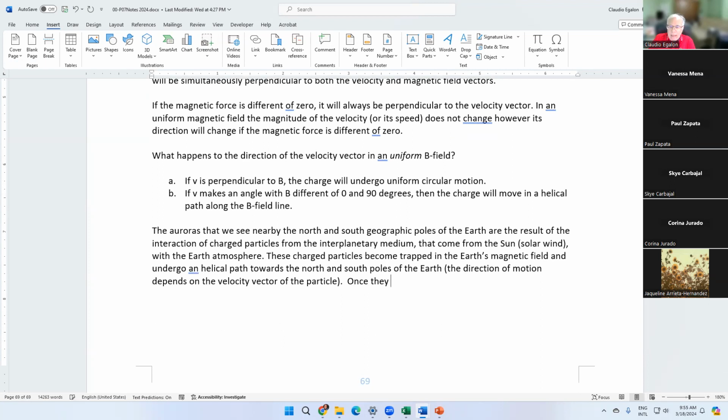Once they collide with the molecules in the Earth's atmosphere, this collision produces a glow that is seen as the auroras. Okay?